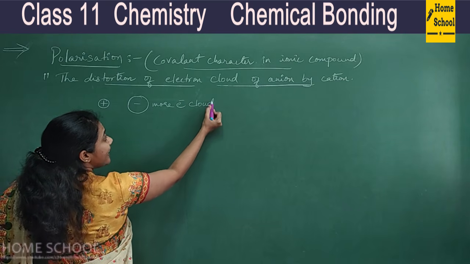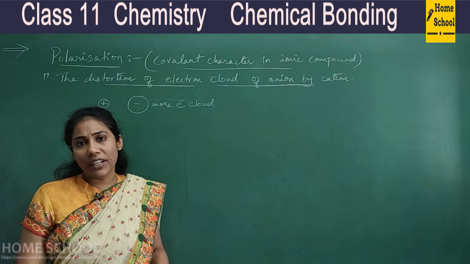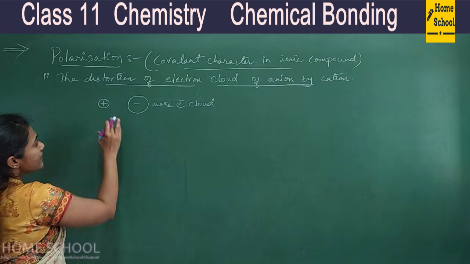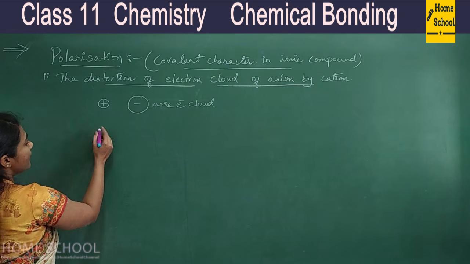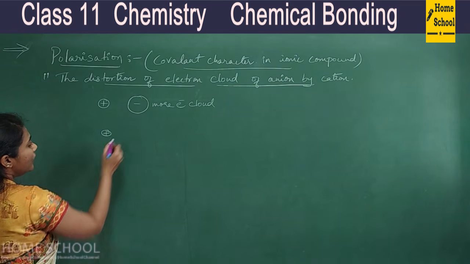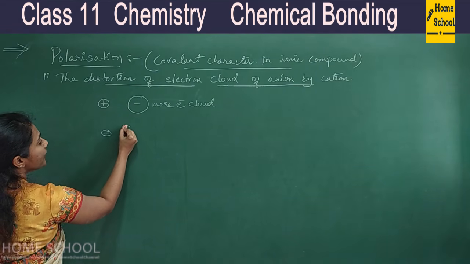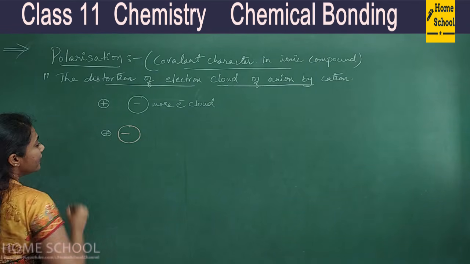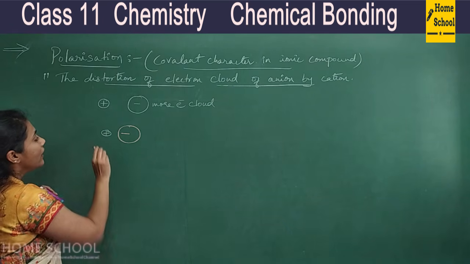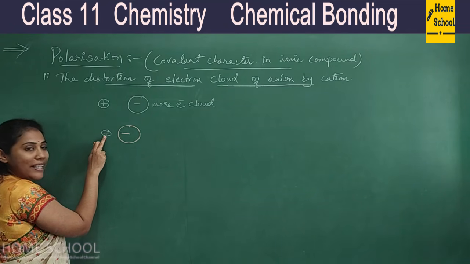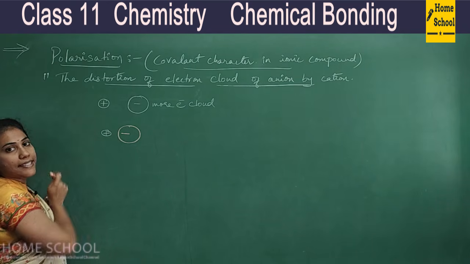So electron density is more around the anion, right? More number of electrons. Fine. Say when they come near, this is our cation. Now the anion is coming near, because to form an ionic bond, both of them should be near, right? So when this anion comes near, what happens is the positive charge of the cation will try to pull the electron cloud towards itself.